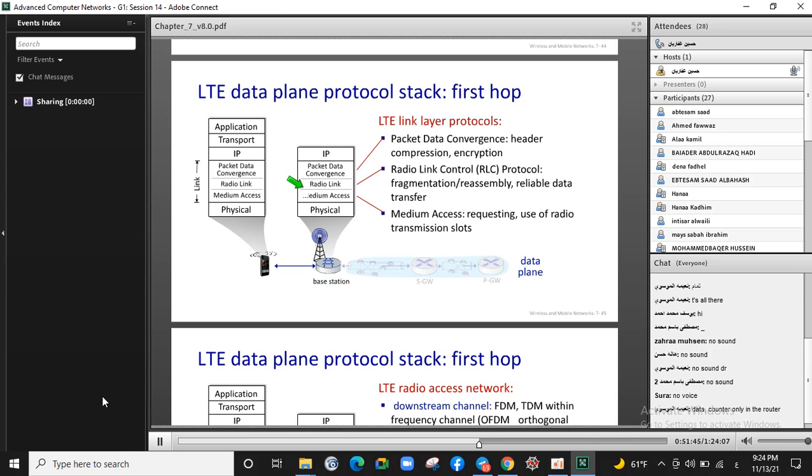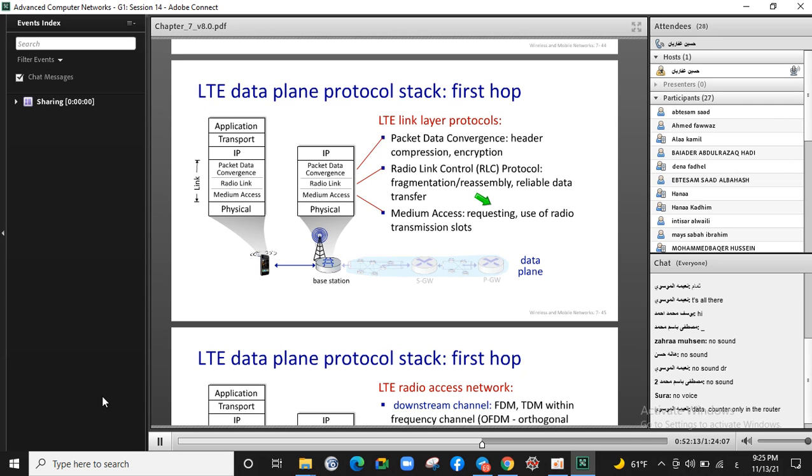For example, when I'm talking about a 3G network and a 4G network, their main difference is in the radio link. And even when I'm talking about 5G technology, the lower sublayer is medium access control, or MAC layer.